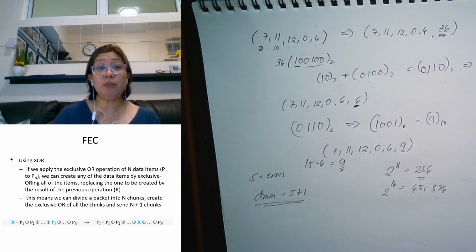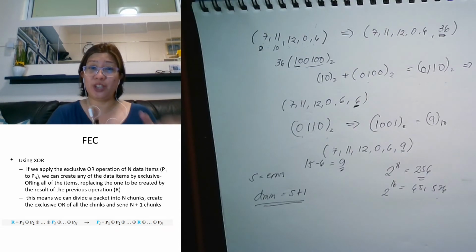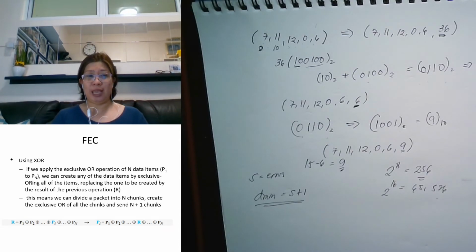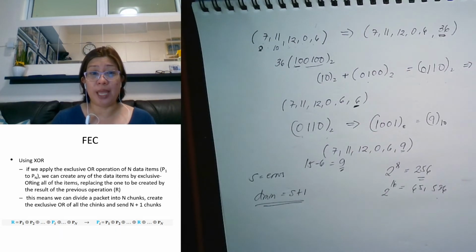This means that we can divide a packet into n chunks, create the exclusive OR of all the chunks, and send n plus 1 chunks. So we're dividing your data there. If any chunk is lost or corrupted, it can be created at the receiver side.